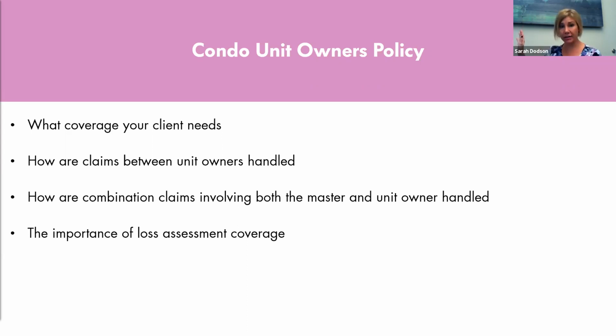The association has liability protection for the entire building. You need liability protection for your specific unit. This type of policy is commonly referred to as an HO6, which is what a lender will require a buyer have in place at the time of closing.